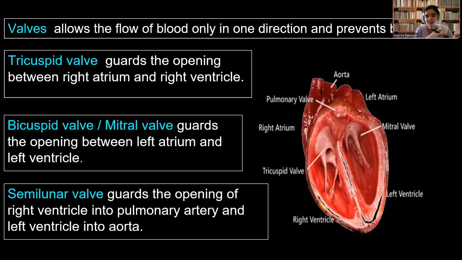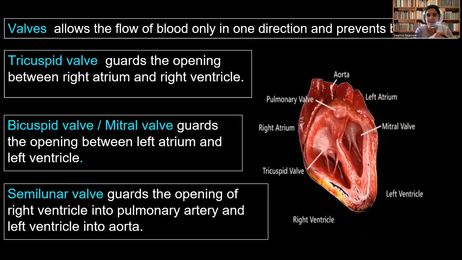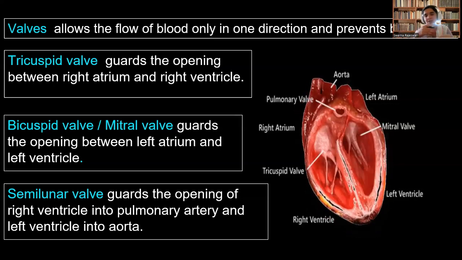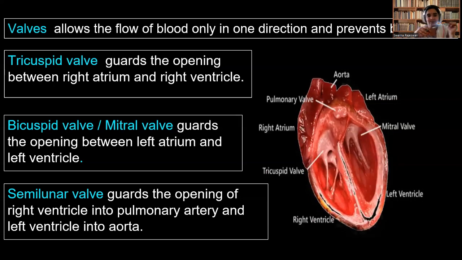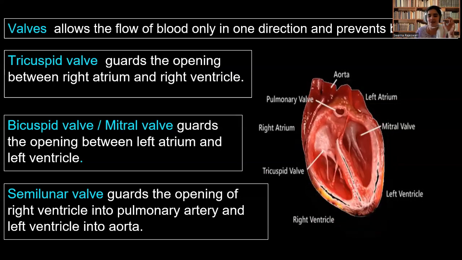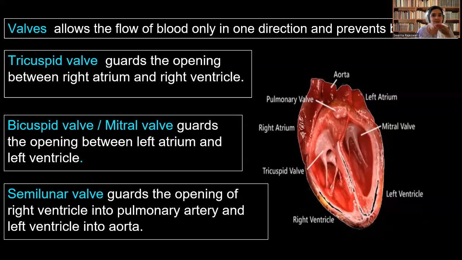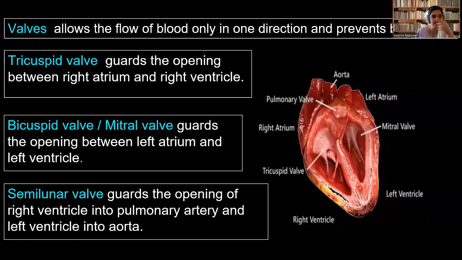Even the semilunar valves are allowing the blood to flow only into the aorta as well as the pulmonary artery. They are not allowing the blood to flow back into the auricles. You will clearly understand this function of the valves when you see the working of the heart. So we have seen valves allow the blood only to flow in one direction.